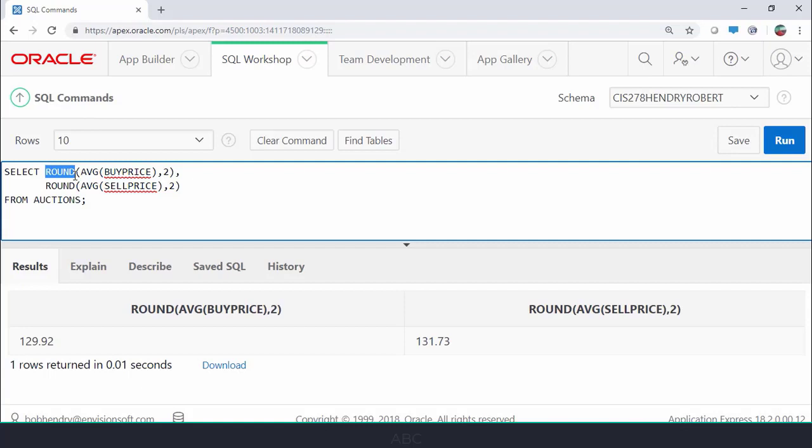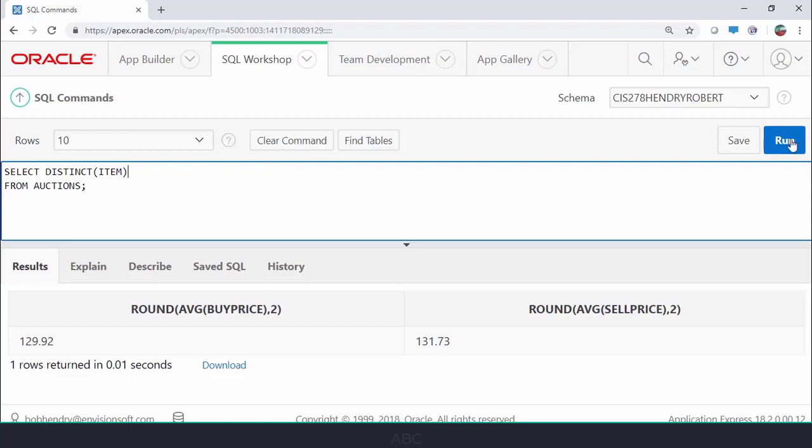Now, how about if I just wanted to list the types of items that we have in our auctions? I want to list just the types of items. I can say select distinct item from auctions.